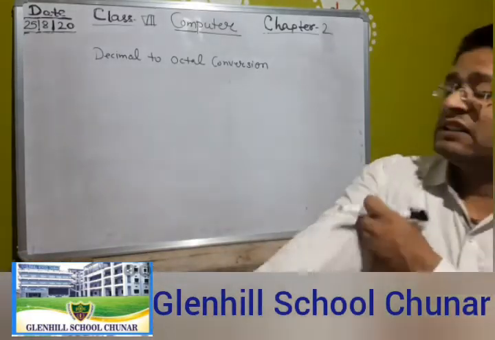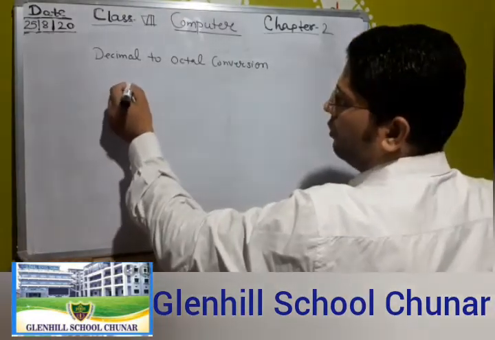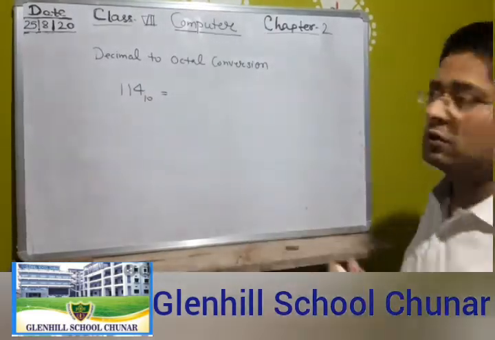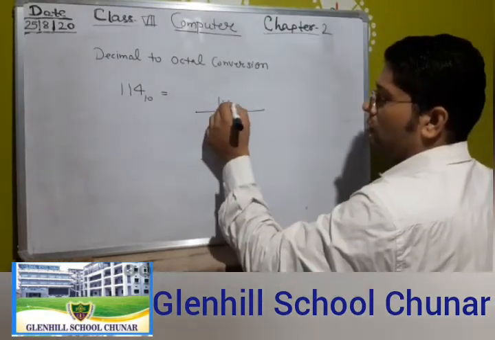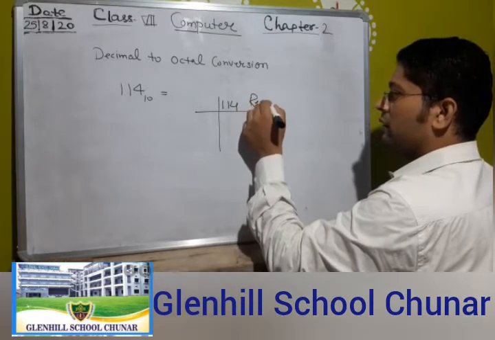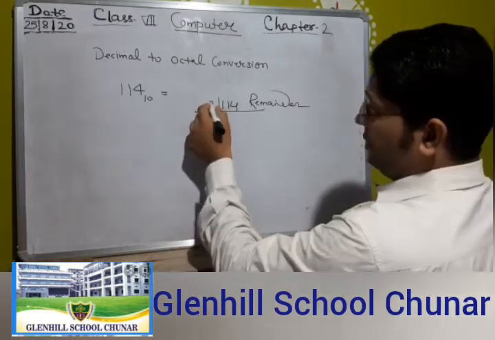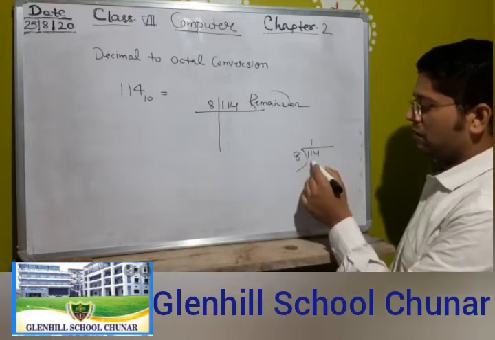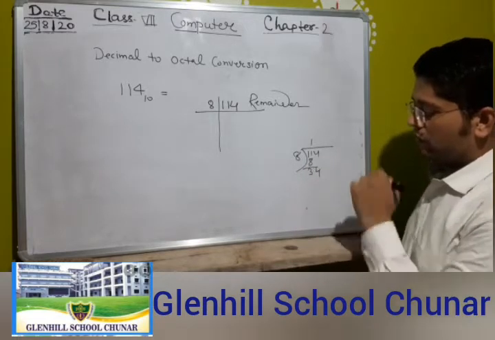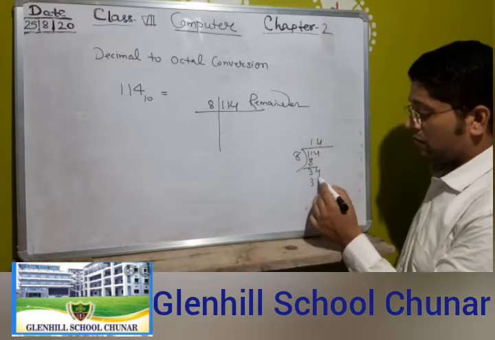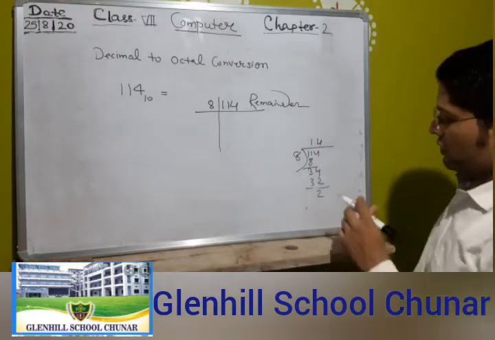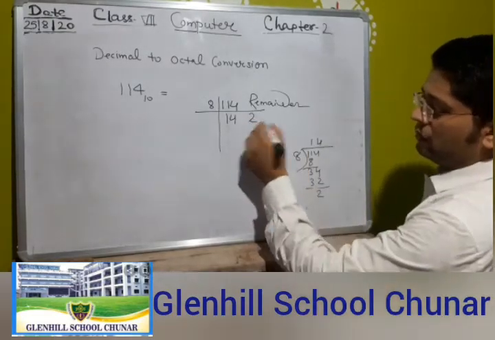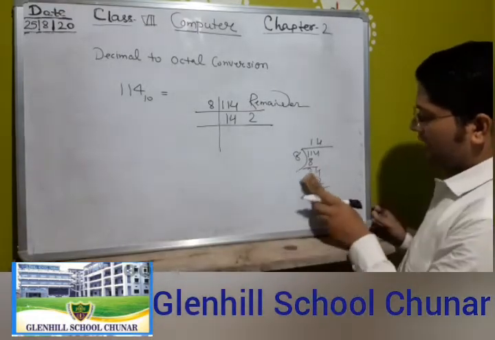Let's suppose the number 114, and write the base 10. To convert to an octal number, we divide by 8 and write the remainder. 8 fourteens are 112, so the remainder is 2. Okay, clear? Then 8 ones are 8, 14 minus 8 is 6.